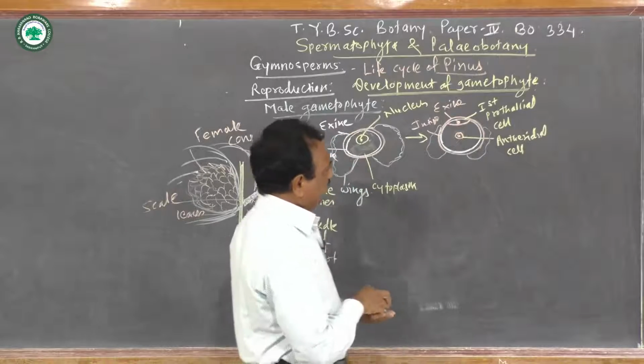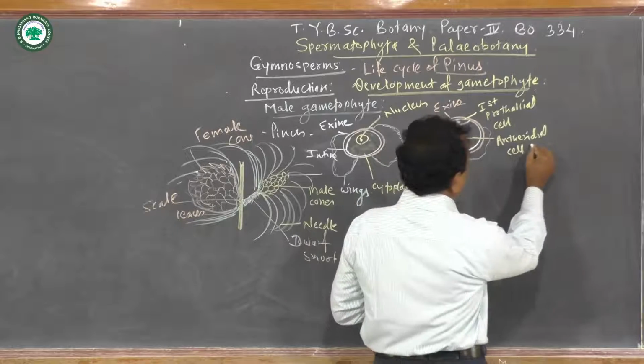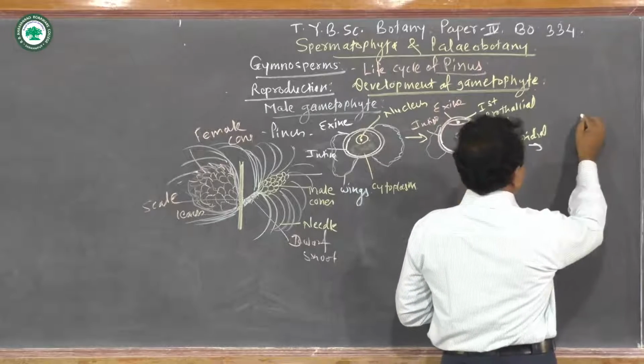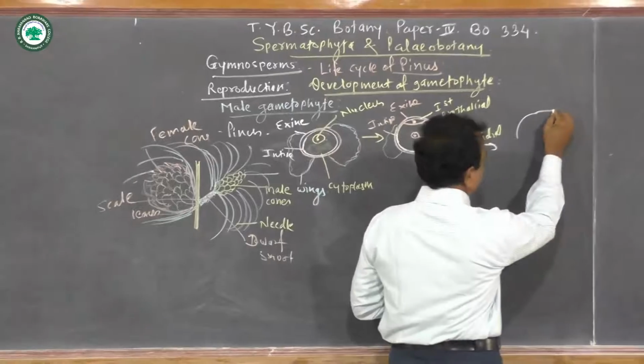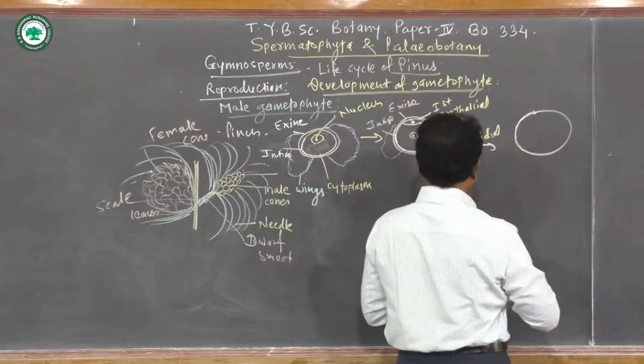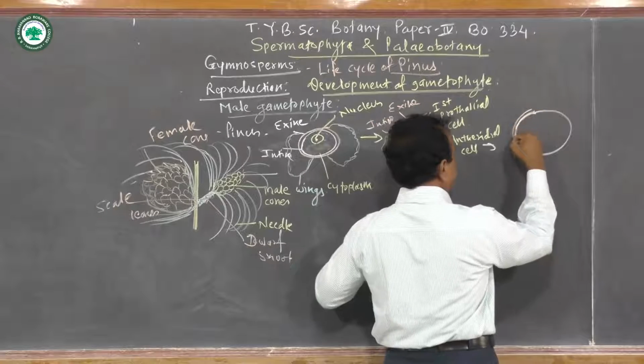Later on this antheridial cell again divides in the next development. So this is the entine, this is the exine.